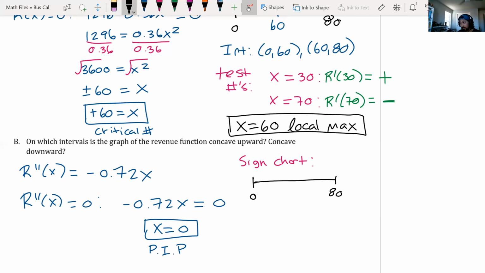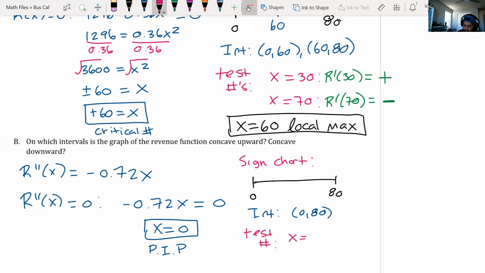And it just so happens that our possible inflection point is also an endpoint for our sign chart. This means that the only interval we have to work with is from 0 to 80. So that's our interval here, 0 to 80, which means just pick a test number in between there.